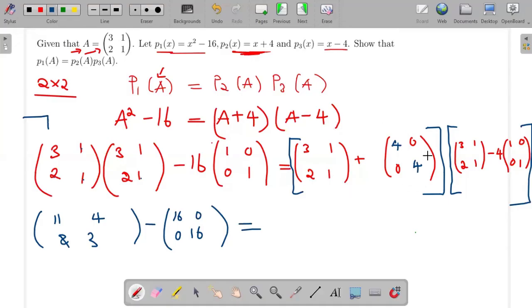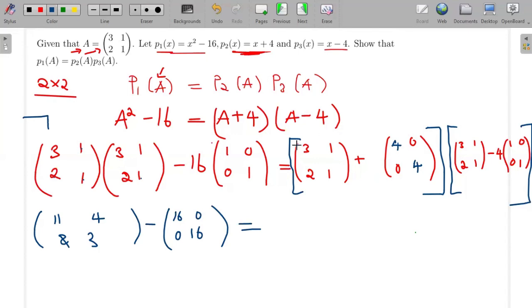So I'm adding two matrices, so we add entry by entry. It will be 3 plus 4, which gives me 7. And then 1 plus 0, that will just be 1. Then 2 plus 0, that will be 2. And then 1 plus 4, that will be 5.